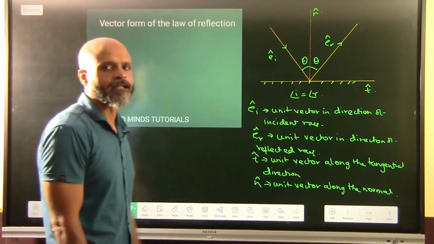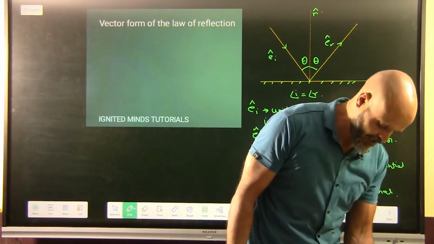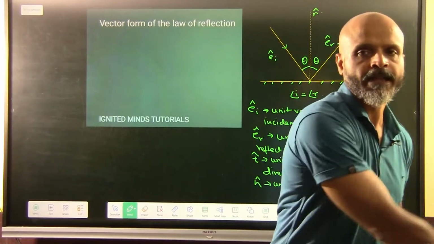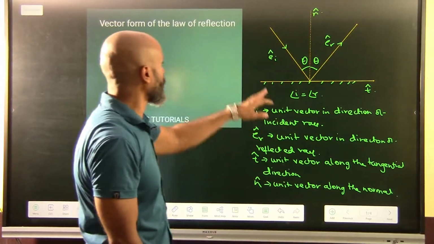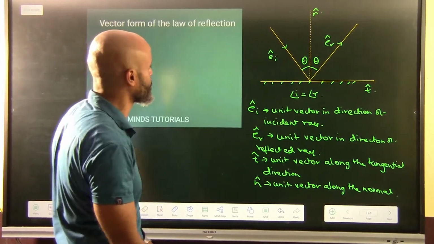So these are the things that we have assumed in order to derive the law of reflection in the vector form. How will we derive this now?